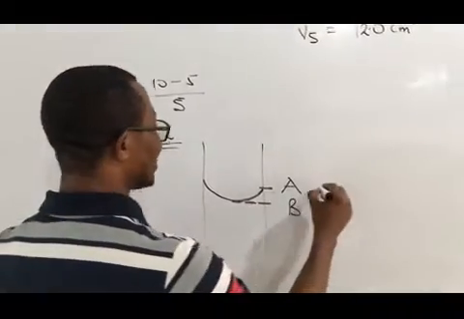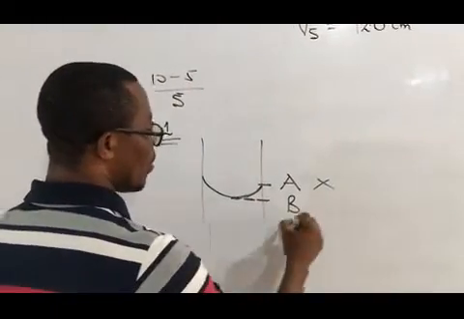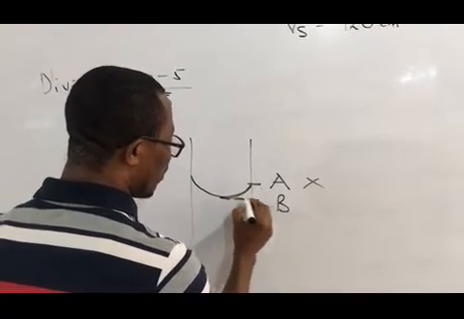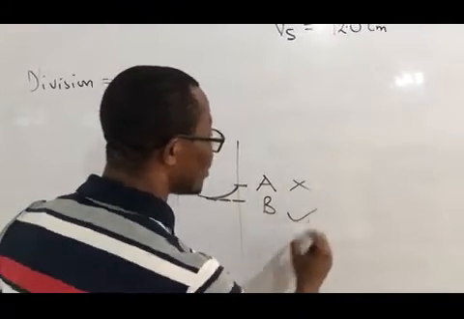The value recorded at A is wrong. It is the one recorded at the base of the meniscus. So the value corresponding to the base of the meniscus is the correct one.